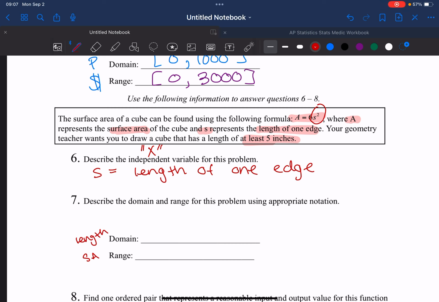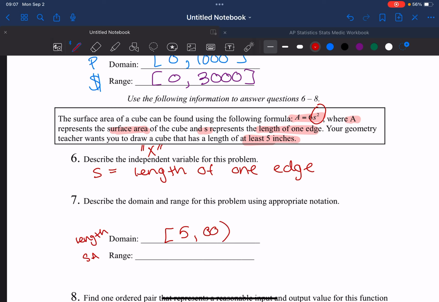At least 5 means that's the minimum. Has to be at least 5. But it doesn't give a maximum value, meaning you can have the length of a side of a cube be as large as you want it. So all the way to infinity.